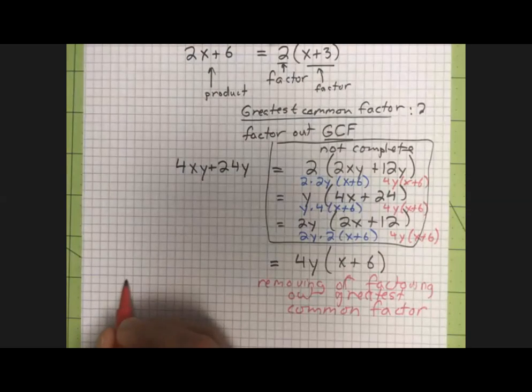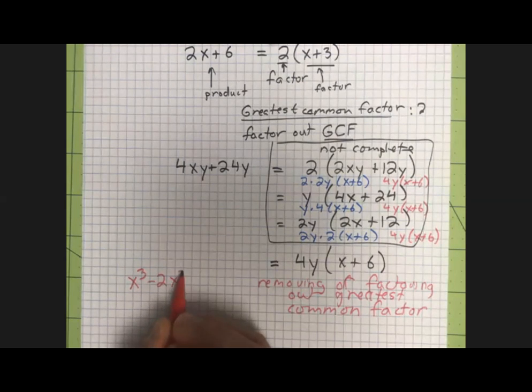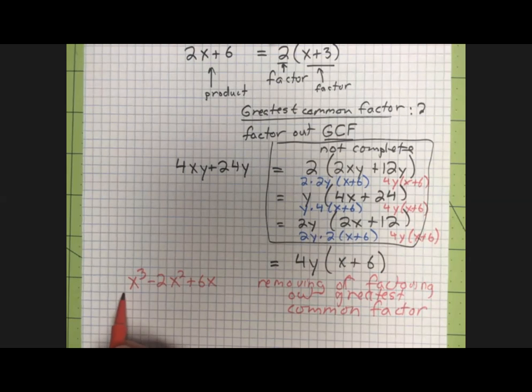Even if I got 3 pieces here, like x cubed minus 2x squared plus 6x. Now I've got 3 pieces, and they really don't have a lot in common, but they do all have 1x. I wish they had more. They certainly don't have any numbers in common. Could I pull out an x squared?